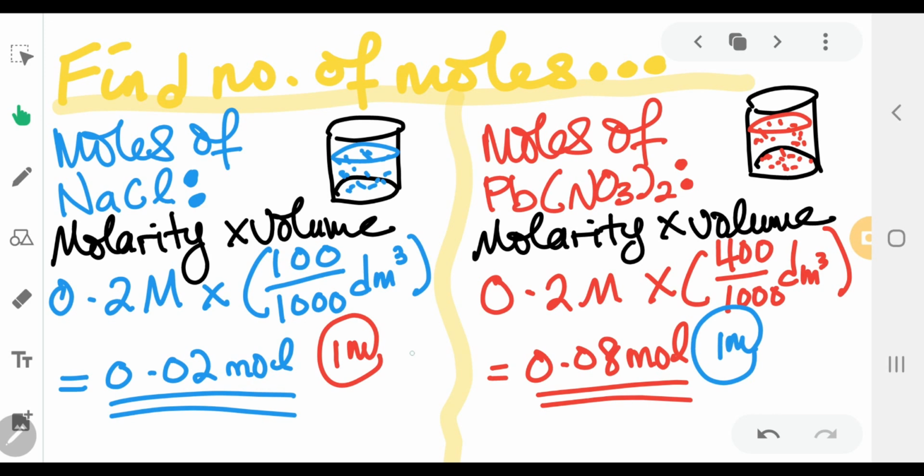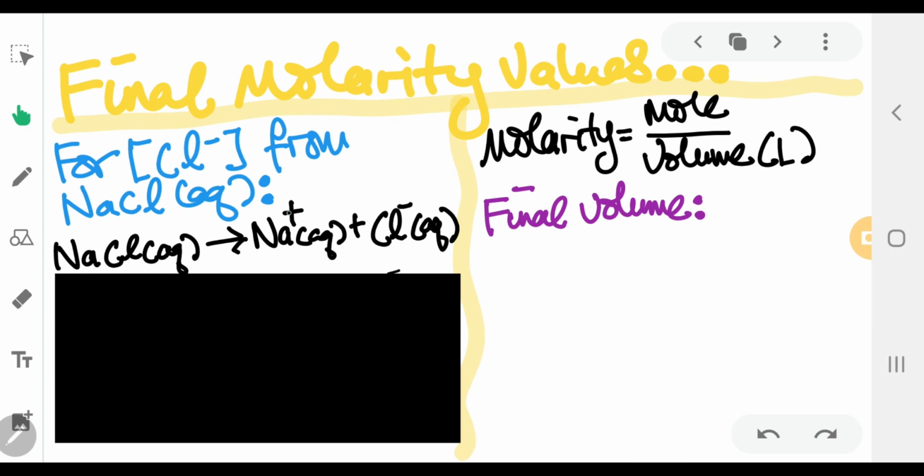The next step that we need to do is to find out what is the number of mole of Cl minus and number of mole of Pb2 plus. And we can get it from the information that we have done right here. First, let's have a look at the concentration of Cl minus. We can get the concentration of Cl minus from NaCl aqueous.